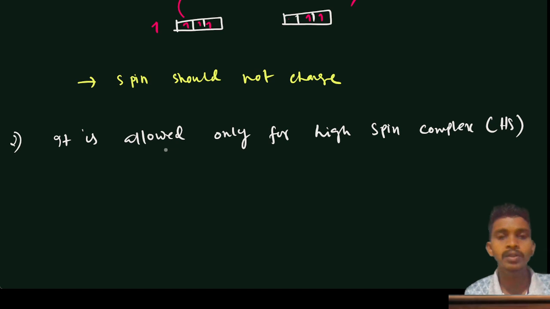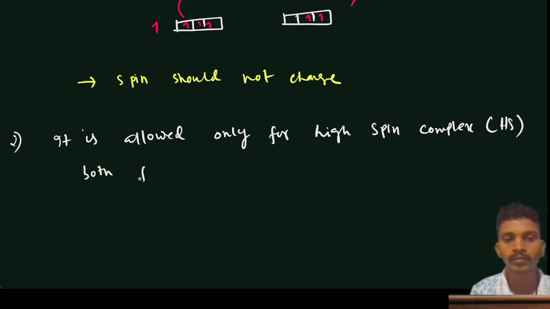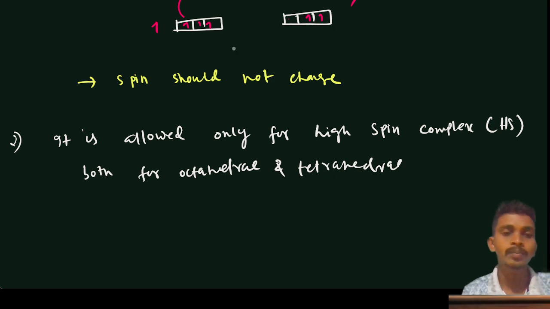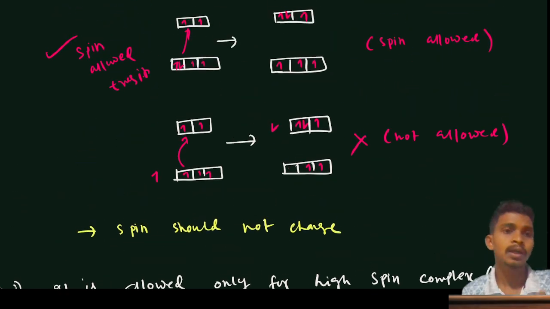So only high spin complexes are allowed, both for octahedral and tetrahedral. So we go only for high spin. If it is low spin, then it is not allowed. So only for high spin will we do Orgel diagrams.